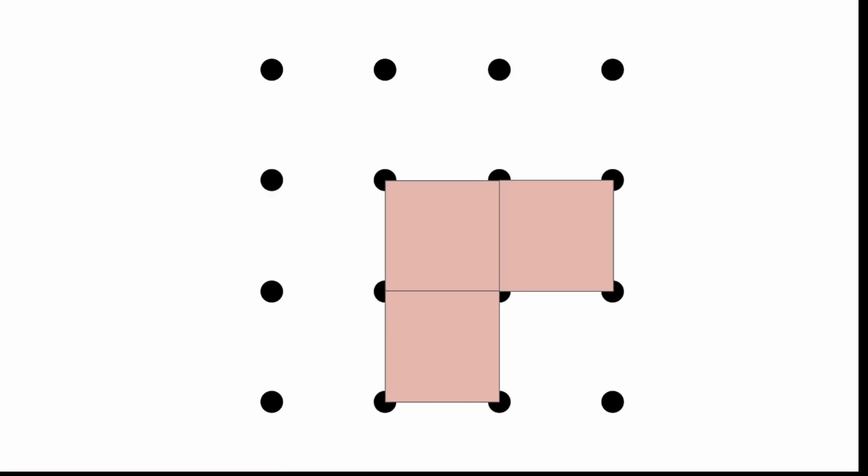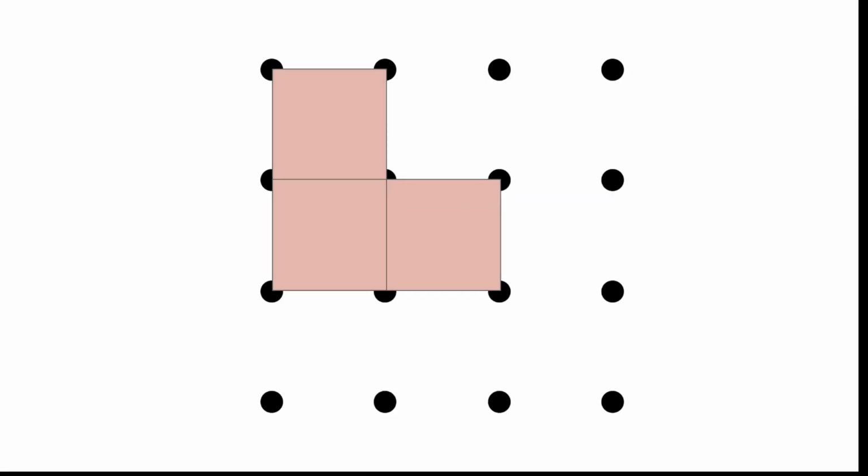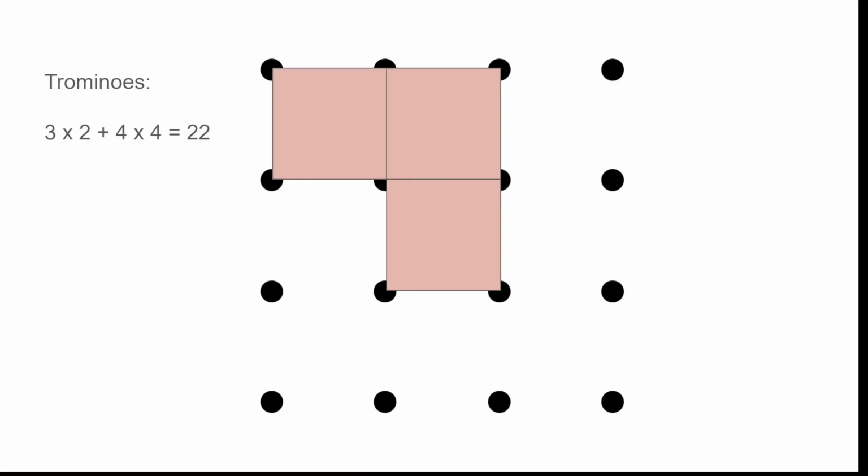But I can also rotate it, right? And when I rotate it, that one has 4 different places I can put it. So does this one, and so does that one, right? So altogether, there are 3 places to put each straight tromino and 2 orientations for each of those placements. That's 6. For the bent trominoes, there are 4 orientations and 4 placements for each orientation. Add that all together and we end up with 22 different ways to do the trominoes.